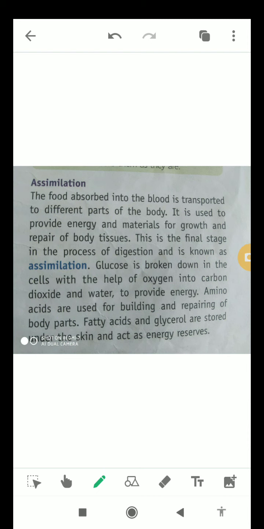This is the final stage of the process of digestion and is known as assimilation. Glucose is broken down in the cells with the help of oxygen into carbon dioxide and water to provide energy. Amino acids are used for building and repairing of body parts. Fatty acids and glycerol are stored under the skin and act as energy reserves.